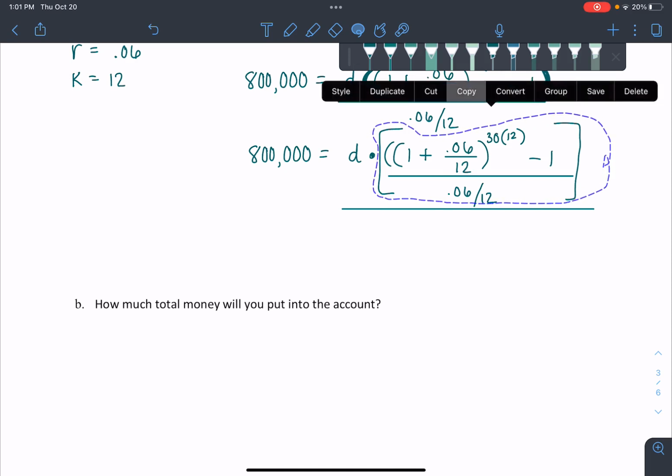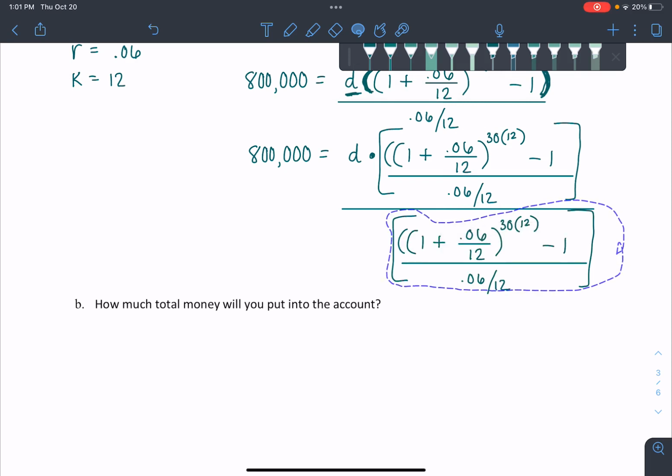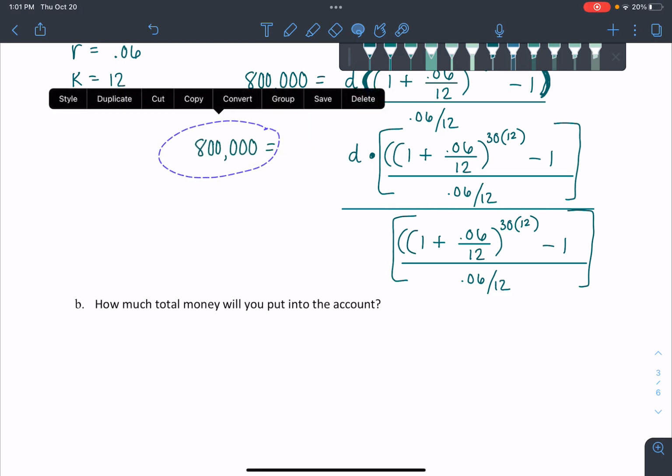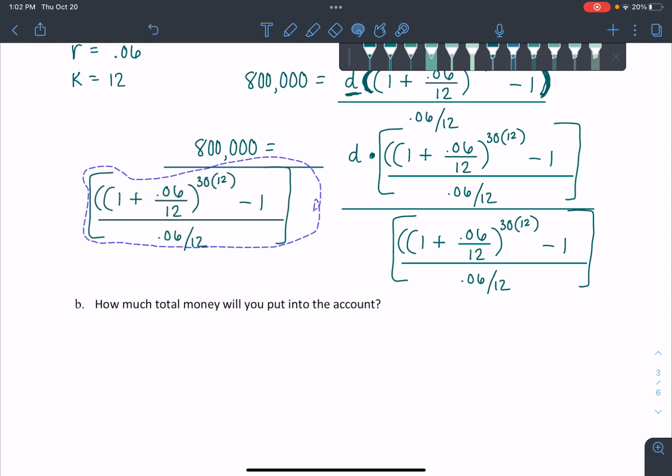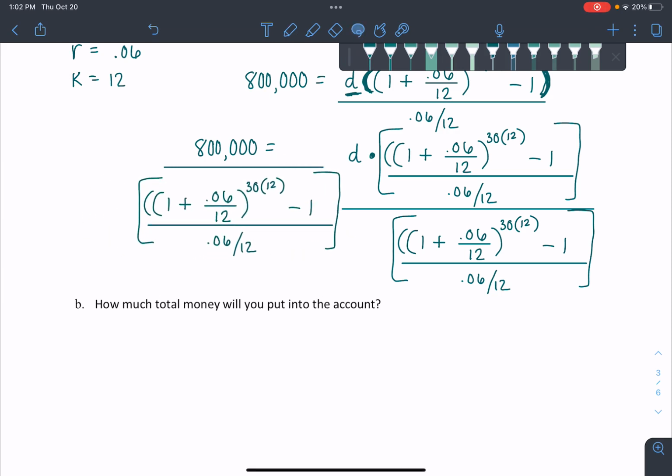Absolutely, sure you can. So here's what I'm going to do. I'm going to make a little room here, and I'm literally going to divide it to the other side. Now, is it going to be a little ugly looking at first because I've got fractions and fractions? Yes.